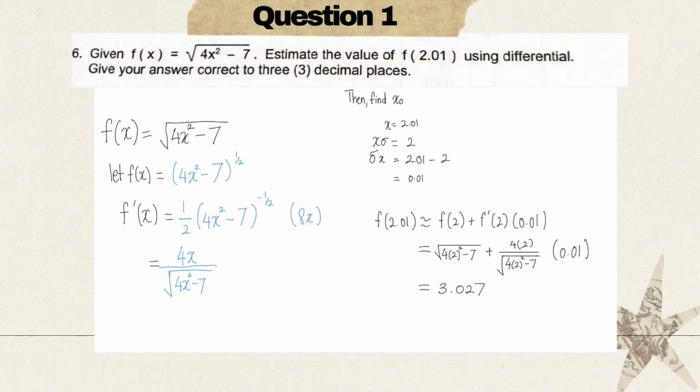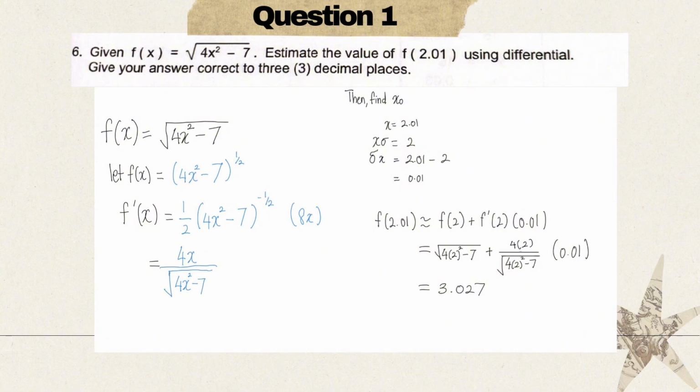So the first question, we are given the function f(x) equals square root of 4x squared minus 7, and our goal is to estimate the value of f(2.01) using differentials, rounding our final answer to 3 decimal places. First, we rewrite the function in power form as (4x squared minus 7) to the power of 1/2.